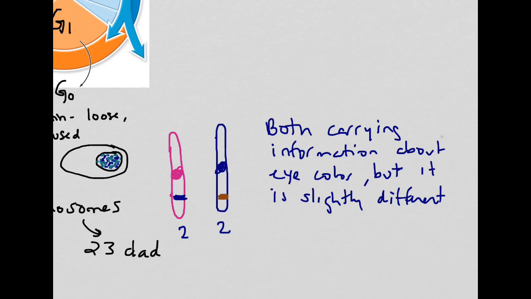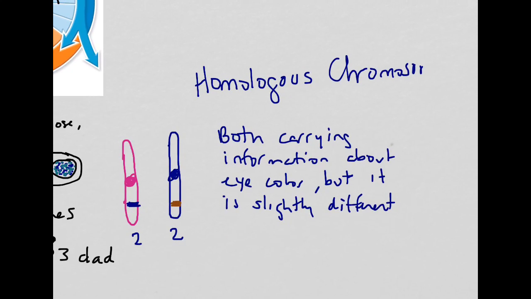So chromosomes that carry similar information, but one of them came from mom and one of them came from dad, we call these guys homologous chromosomes. Homologous chromosomes.